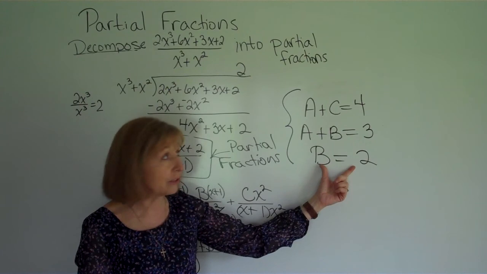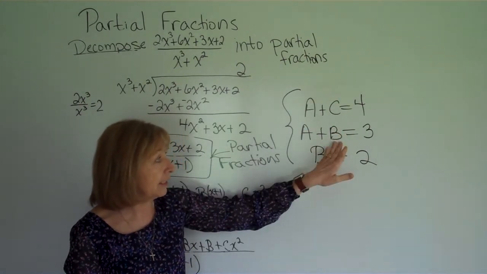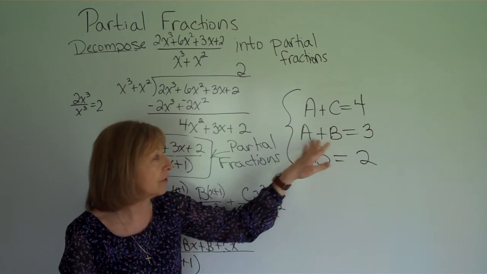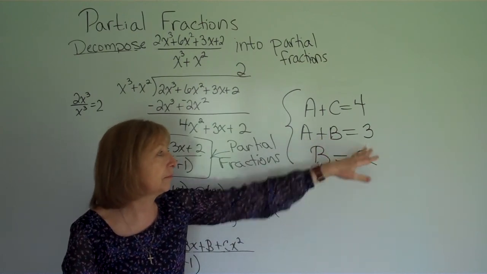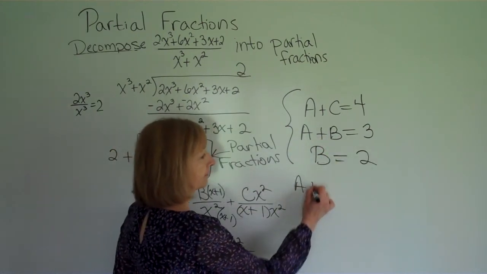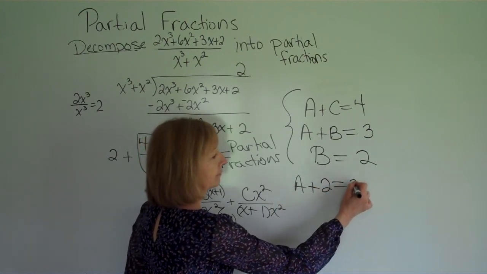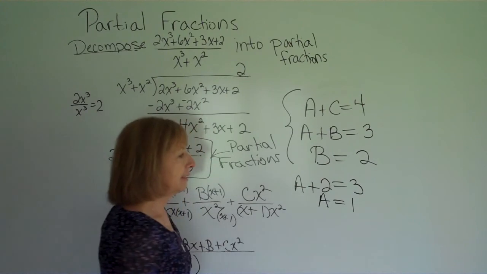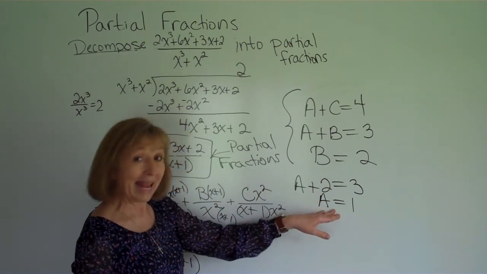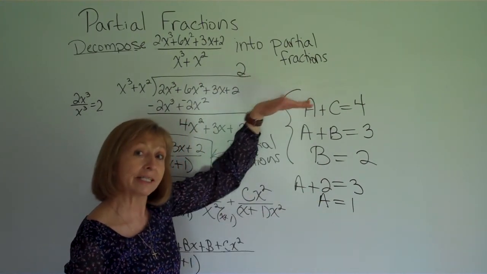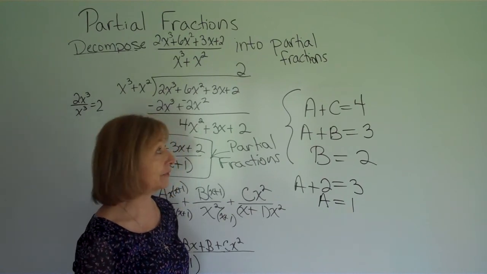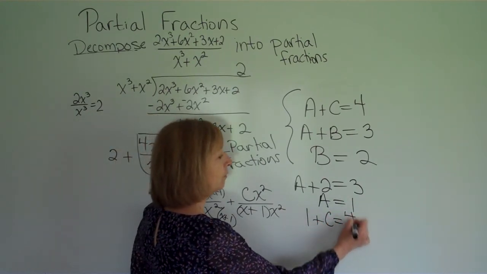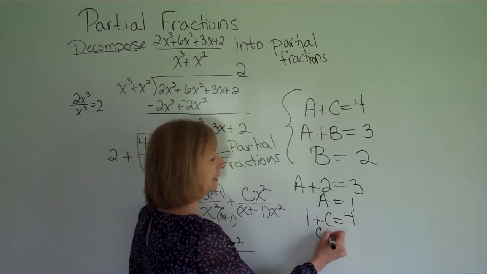If B is equal to 2, and then I look, here is an equation with B in it that only has one other value. So A plus 2 will be equal to 3. Subtract the 2, A is equal to 1. And then now that I have A's value, I can go to the first equation where I have A plus C is equal to 4 and say, well, 1 plus C has to equal 4, so subtract 1, C is equal to 3.